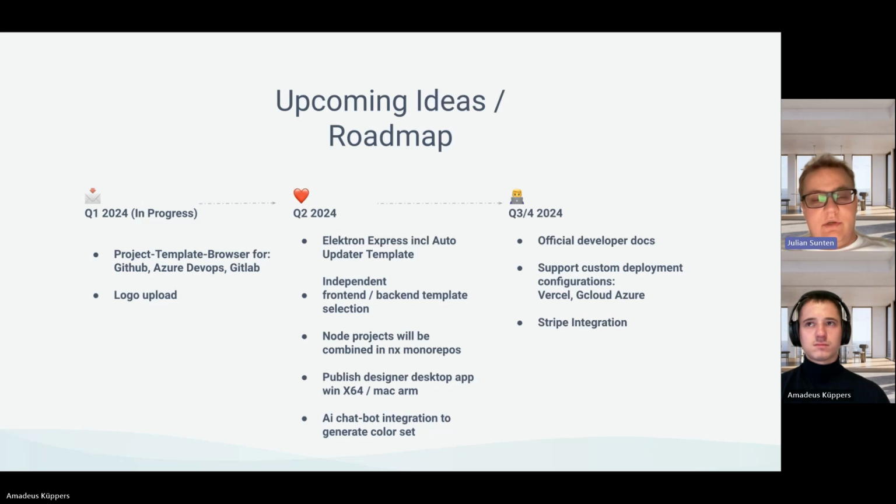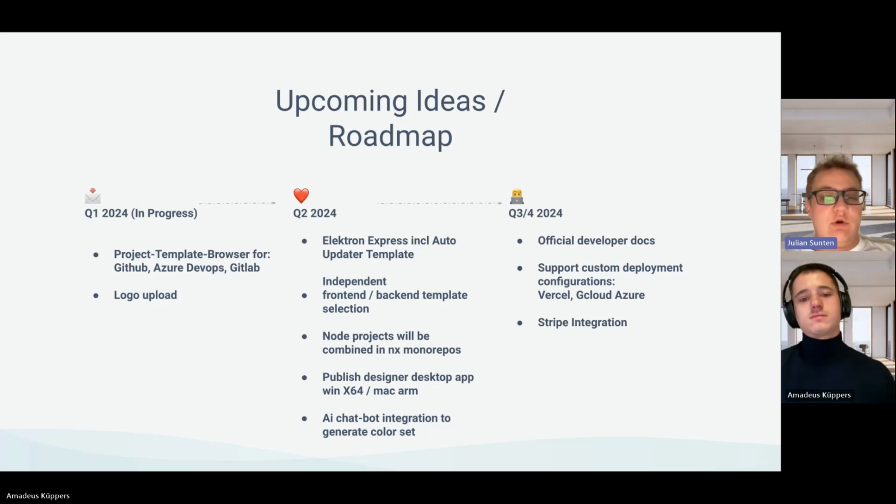Then, if we look at quarter two, there is a big thing to announce, because currently we're only compatible with web applications, browser applications, and mobile applications that run in the browser. With the implementation of Electron, you can also use our generator to generate desktop applications, so executable applications for Mac, Linux, or Windows.